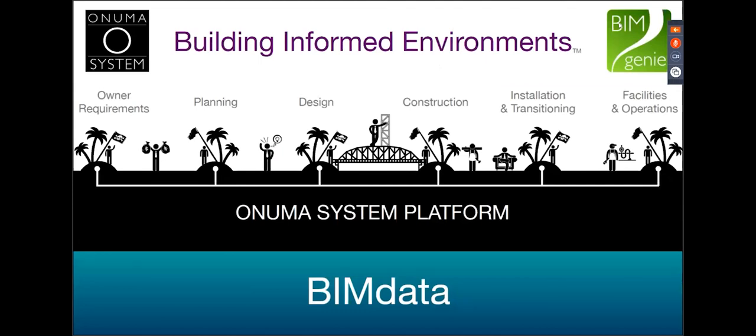So if you have owner requirements, we have a Program to BIM website, which we won't cover today, but it's basically collecting the owner requirements and creating a BIM on the fly of those, the room standards, for example. How big is the space? What needs to go inside it? How many air changes do we need per hour? All that type of information can be defined there and then linked into the planning and design that could happen in the ONUMA system and also connected to other applications.